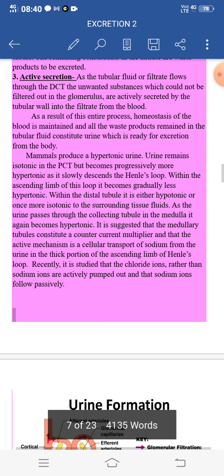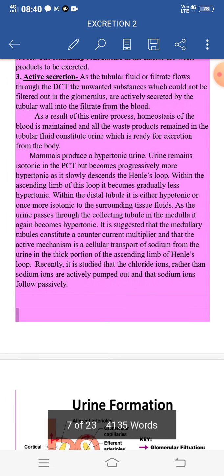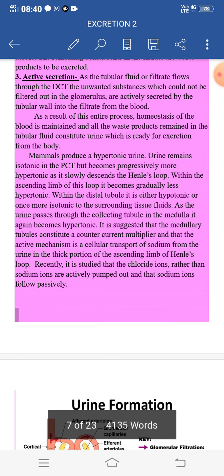Once again I will repeat this, students, just listen carefully: mammals produce a hypertonic urine. Urine remains isotonic in the PCT, that is the proximal convoluted tubule, but it becomes progressively more hypotonic as it slowly descends the Henle's loop. Within the ascending limb of this loop, it becomes gradually less hypotonic.